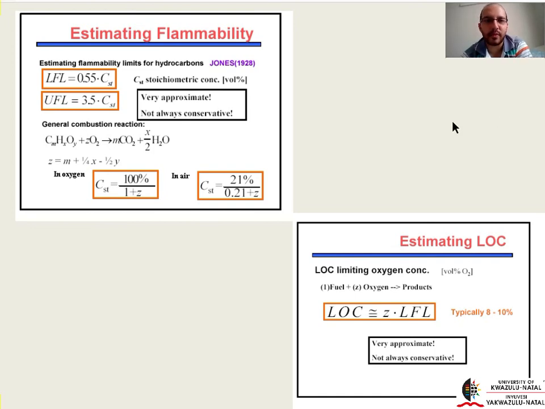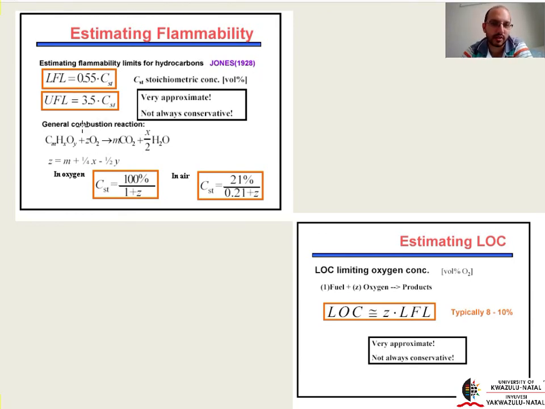In terms of your other points, if you know what your stoichiometric amount is, you can calculate your stoichiometric concentration in pure oxygen and also your concentration in air. And if you have these two CST values, you can calculate your LFL and your UFL in air as well as if you only had oxygen. Okay, so that's how your flammability limits are essentially estimated.